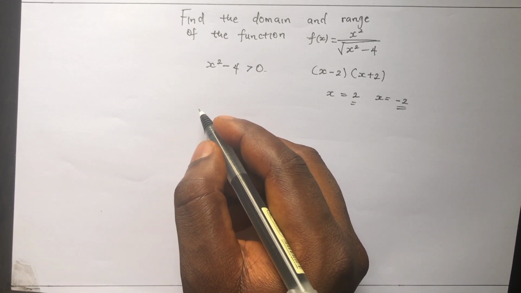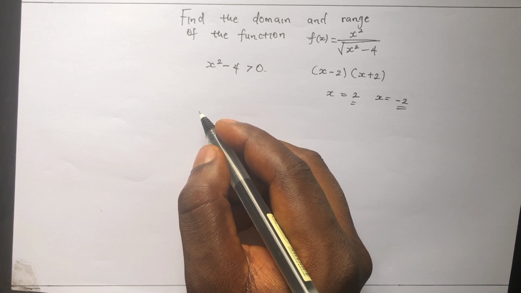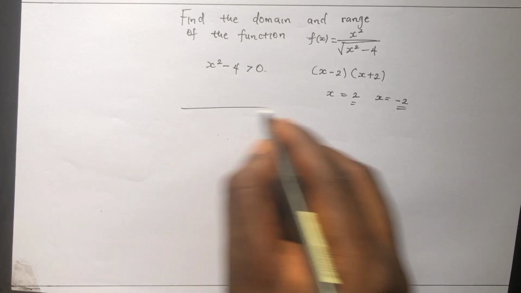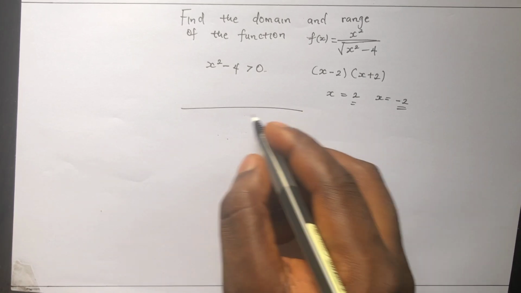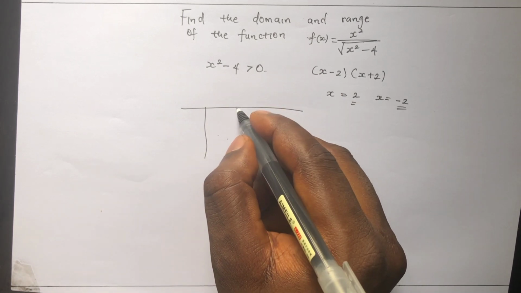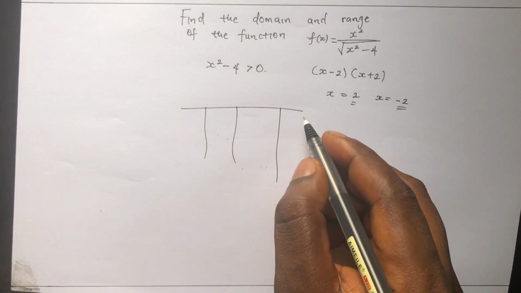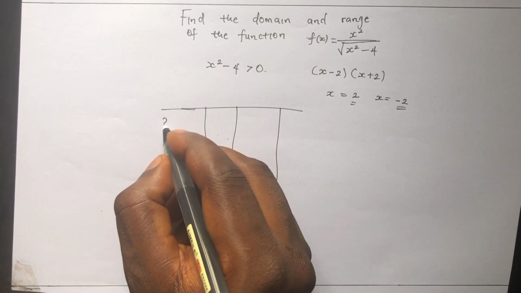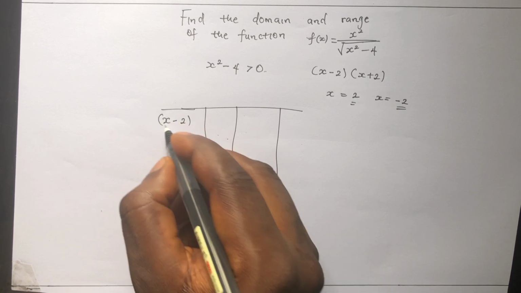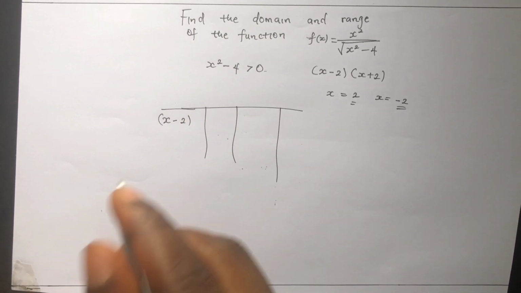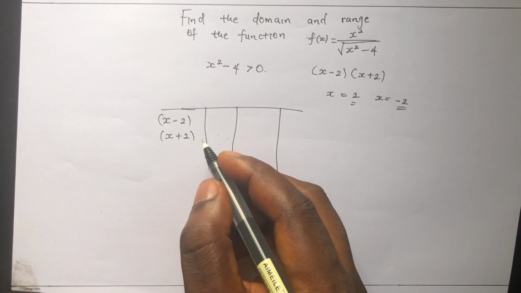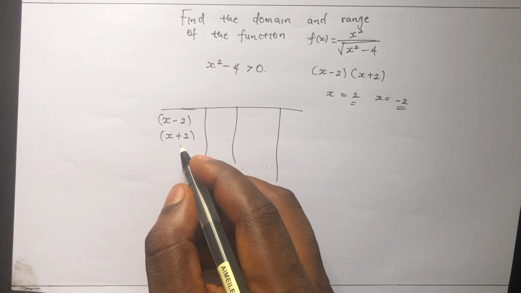That truth table will give us the correct range of values that will satisfy this function. So I'm going to create my truth table, put in my factors, and also put in the product of these two factors.